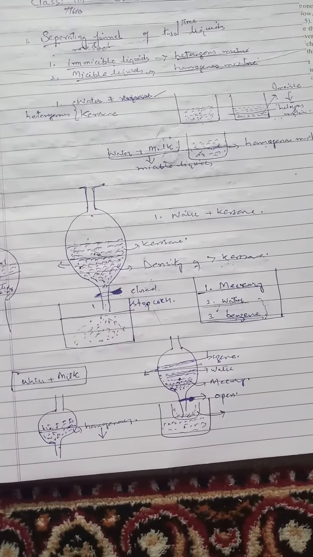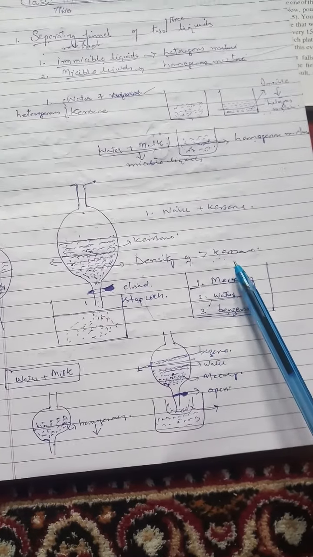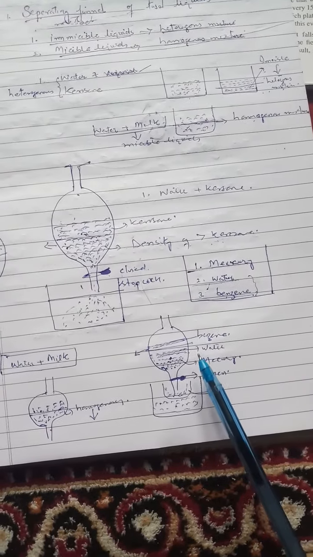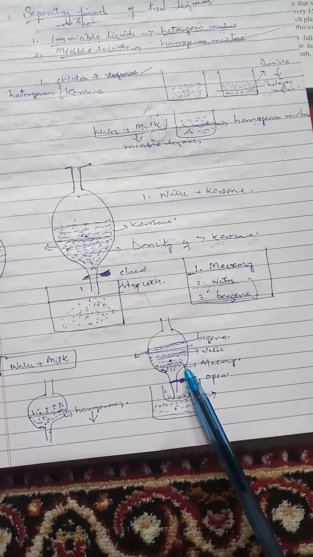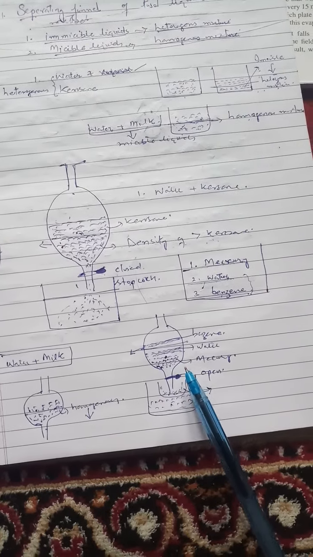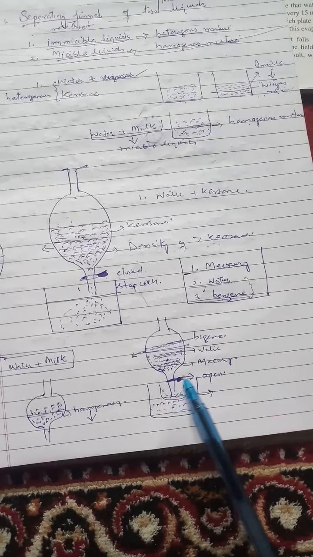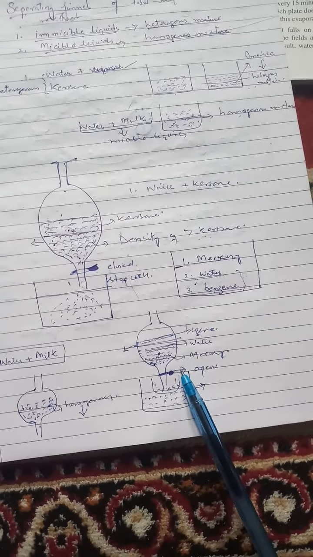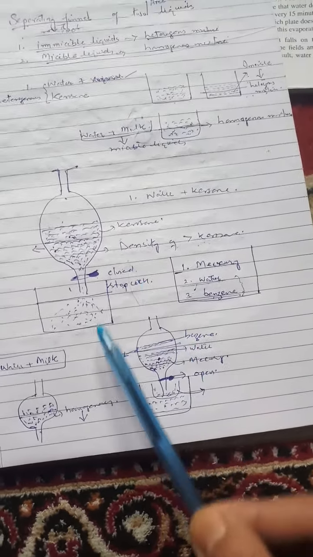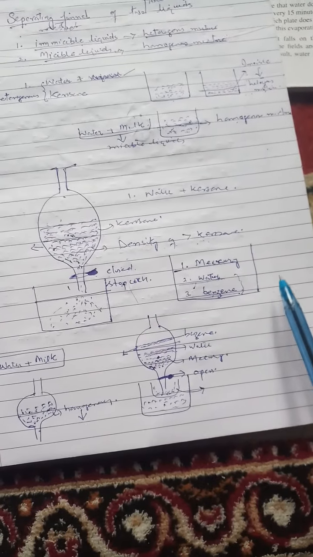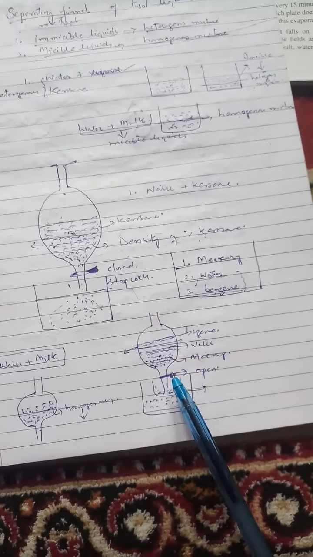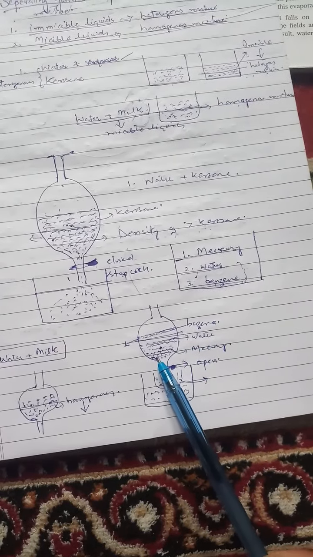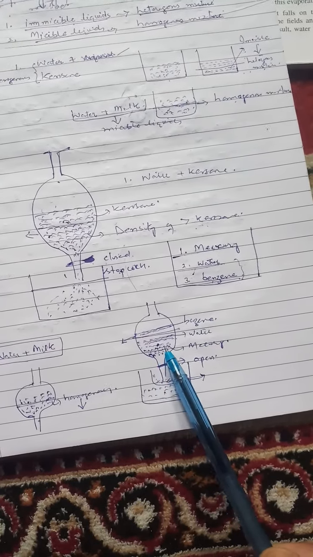Similarly, if we have a mixture of mercury, water and benzene, and this stopcock is closed, after keeping this mixture of three liquids undisturbed for some time, we will see that mercury is heavier than water. It remains at the bottom of the funnel.